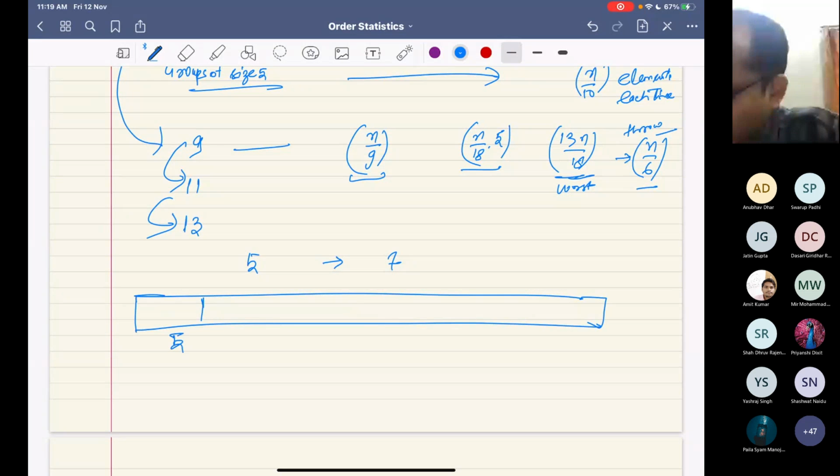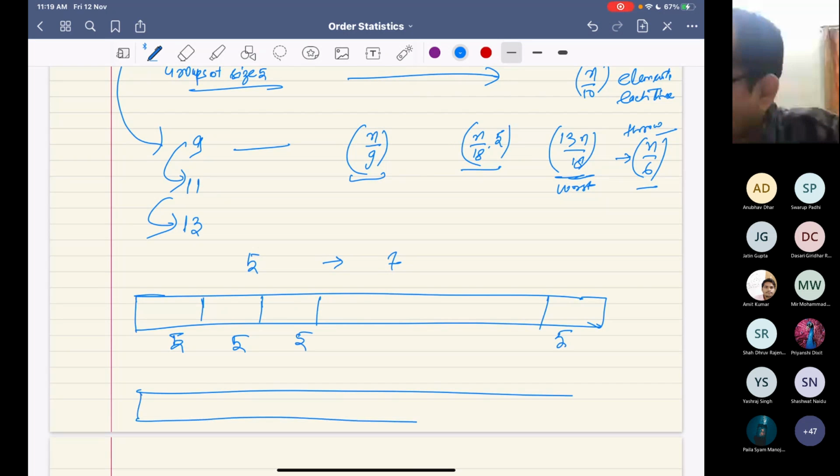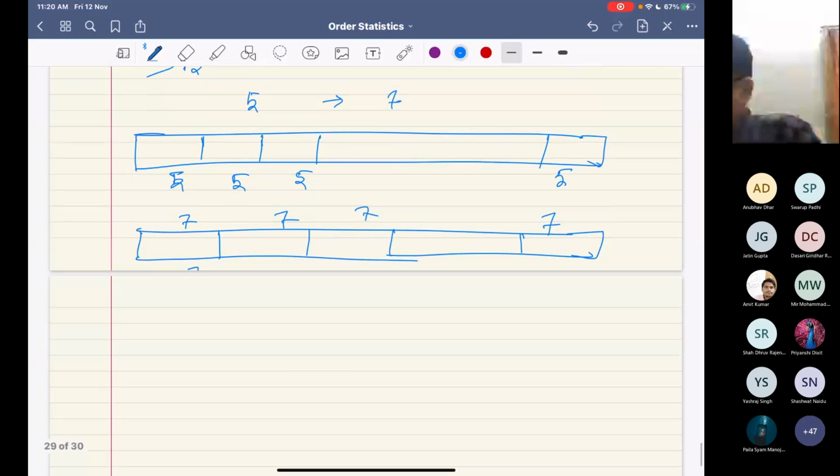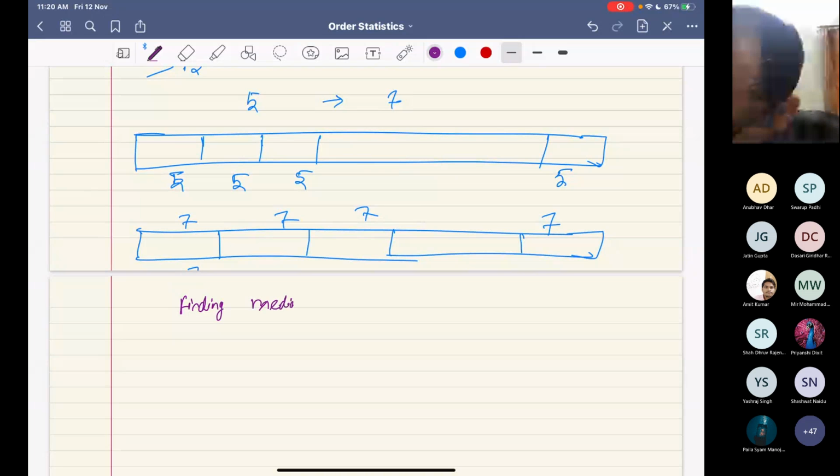One time you are making groups of 5 each, another time groups of 7 each. And what you're doing is finding the median of each group, and that we said is order n.